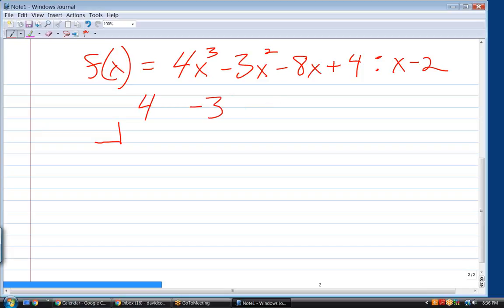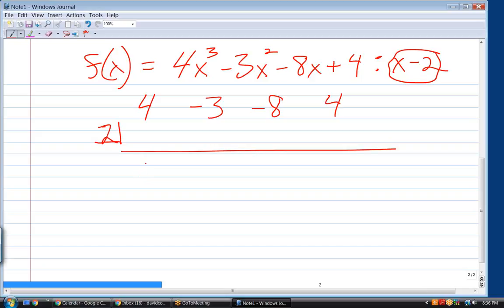As long as you have every variable represented here, which we do, then instead of dividing by x minus 2, what's going to go in the box? Plus 2. And now synthetically divide, what goes here? 4. Here? 8.